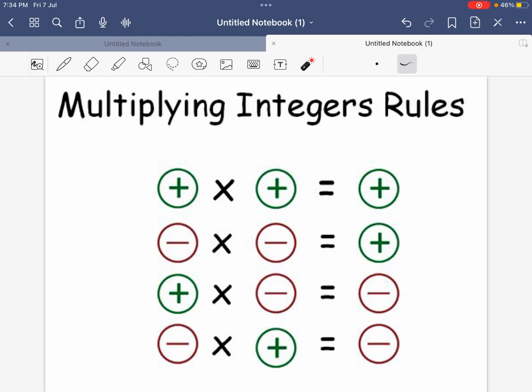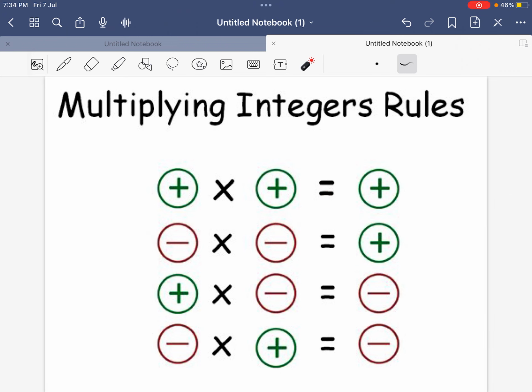In a simple way, if two signs are positive, then the answer is also positive. If two numbers are negative, here negative into negative, your answer is positive. That we have to keep in mind.